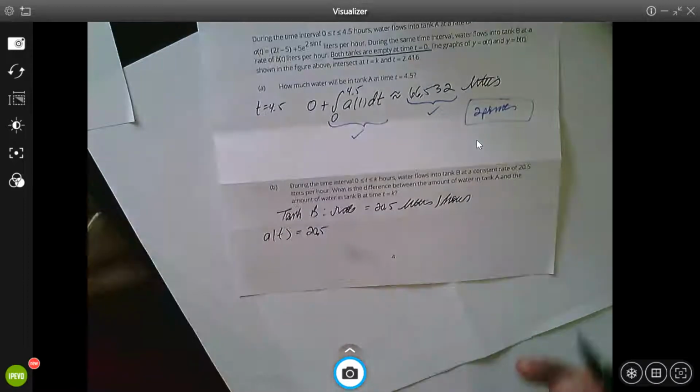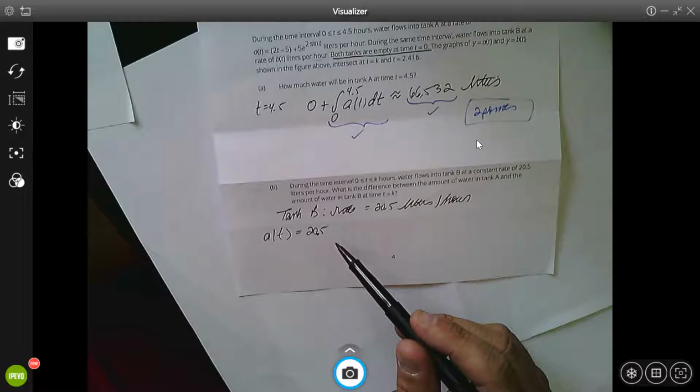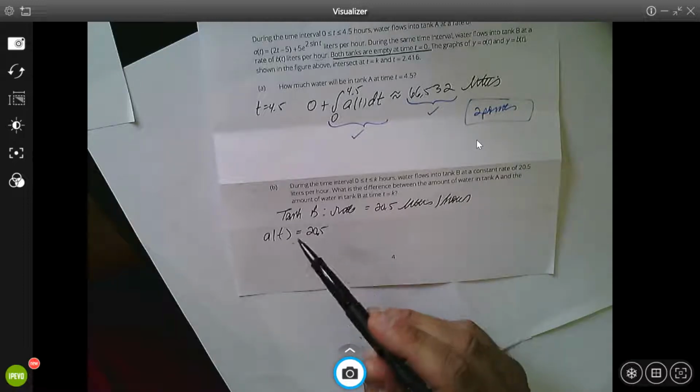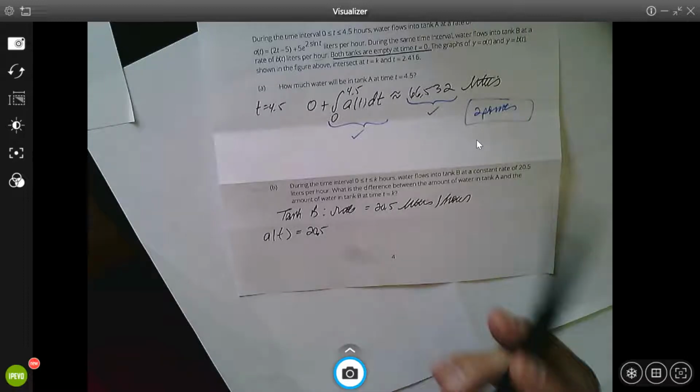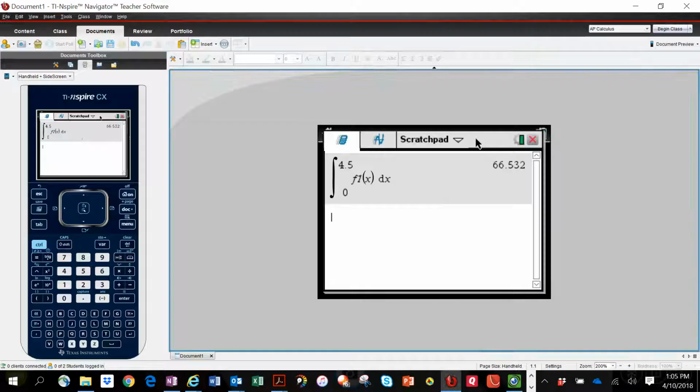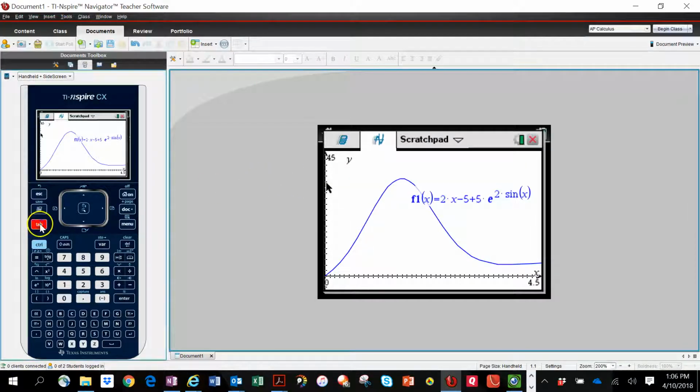We've got the rate for B(t), which is 20.5, and I need to figure out at what time the rate that water flows into tank A is equal to 20.5. Let's use the calculator. I'm going to go back over to the calculator. This time I'm going to look at the graph.